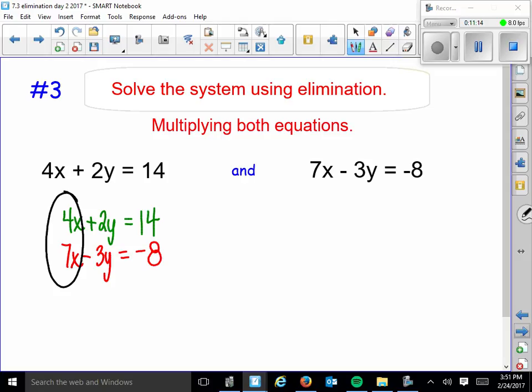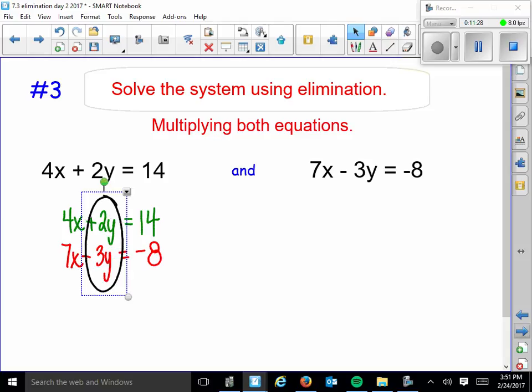I am going to compare the x's. As I look at the x's, the smallest number that both 4 and 7 will divide into is 28. And the smallest number that both 2 and negative 3 would divide into is 6. Six seems much easier to work with than 28, so I'm going to eliminate the y's. What must I multiply the first equation by?